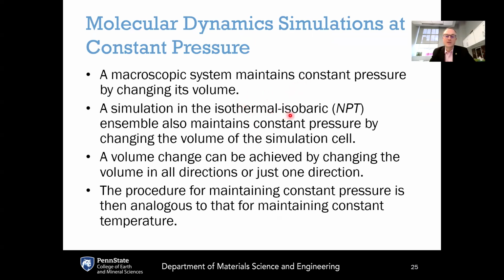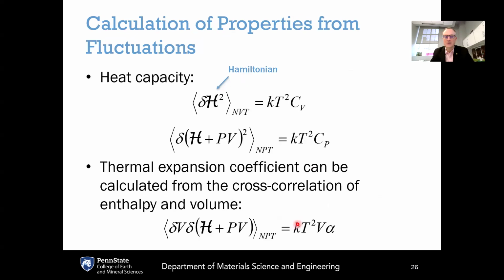A simulation in the isothermal-isobaric or NPT ensemble also maintains constant pressure by changing the volume of the simulation cell. A volume change can be achieved by changing the volume in all the directions or just one direction, as appropriate for your system. And the procedure for maintaining constant pressure is then analogous to that for maintaining constant temperature.